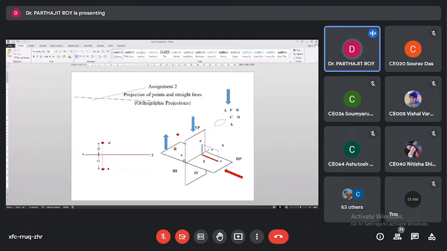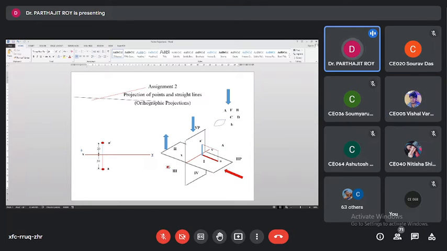In the same way, for the part of the horizontal plane lying behind the vertical plane, it will be rotated in the upward direction by an angle of 90 degrees. Am I clear? Yes, sir. So now, what will be the position of top view and front view with respect to xy? Both above the reference line. Both of them will be above the reference line xy. Isn't it? Yes, sir.